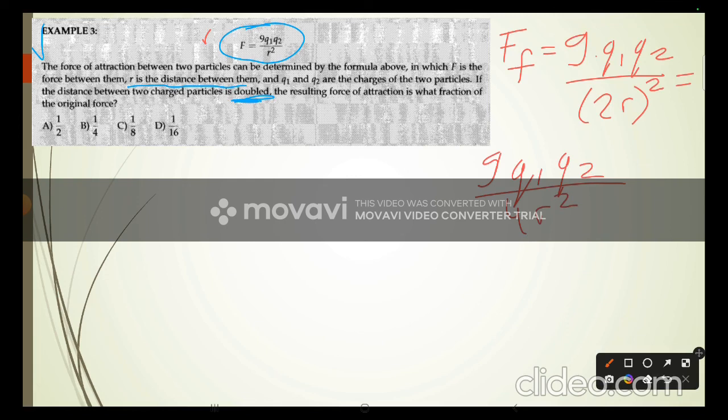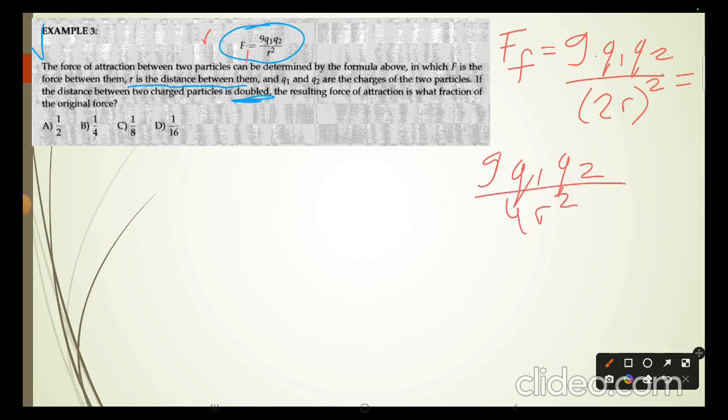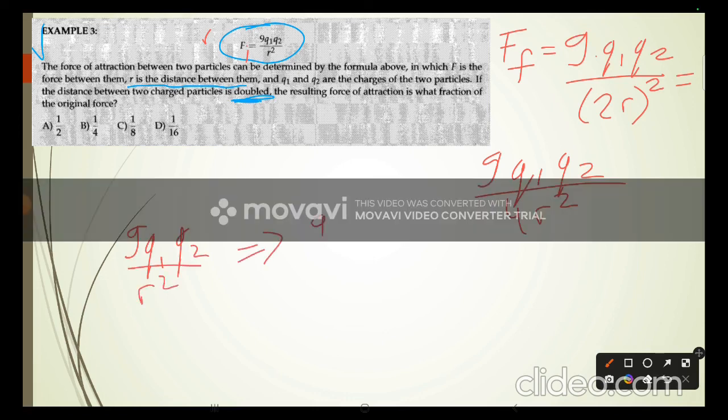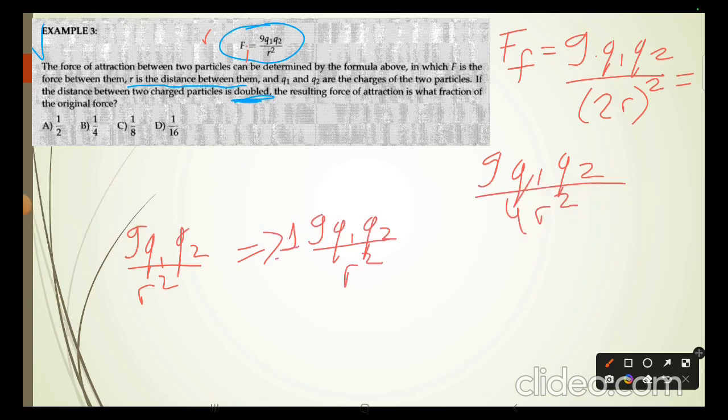Now let's compare initial force and final force. 9 q1 q2 divided by r squared. It became 9 q1 q2, we can write divided by r squared and also multiplied by 1 over 4.